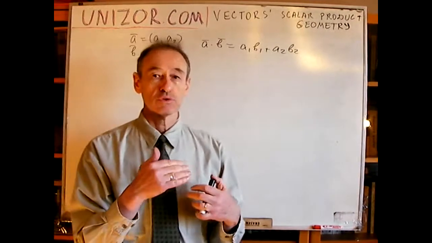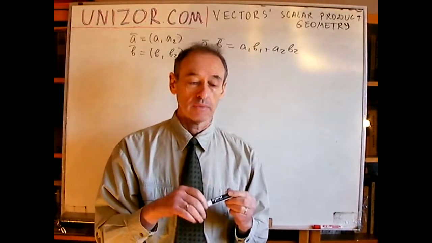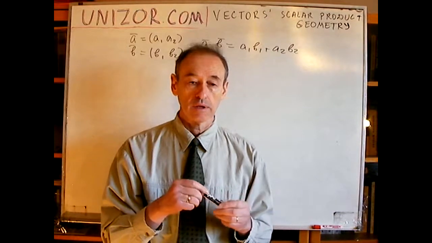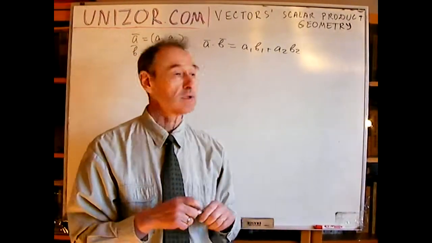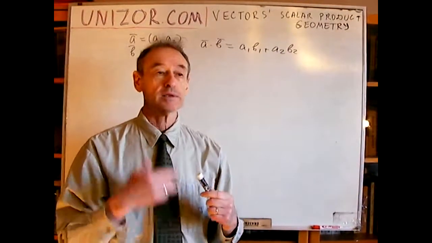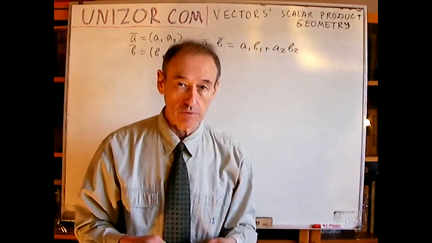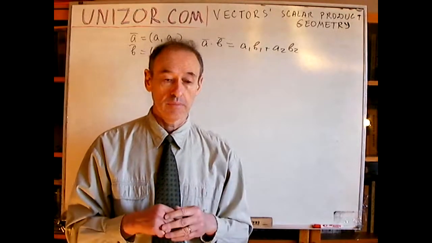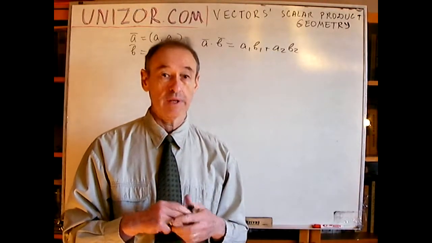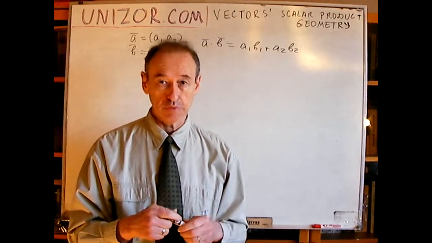Today, I would like to concentrate on a different expression of the scalar product, not in the coordinate form, but in the form of these physical characteristics which I was talking about, which are unchangeable, so to speak, like lengths and the angle between vectors.